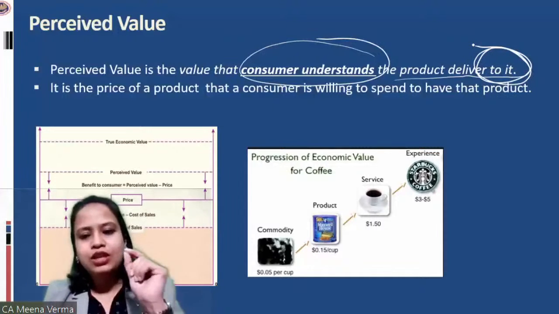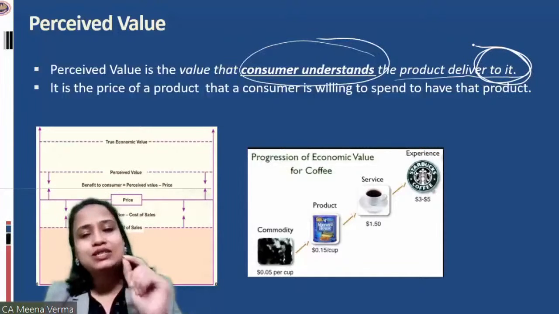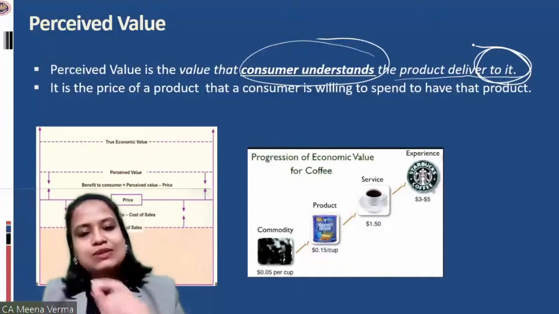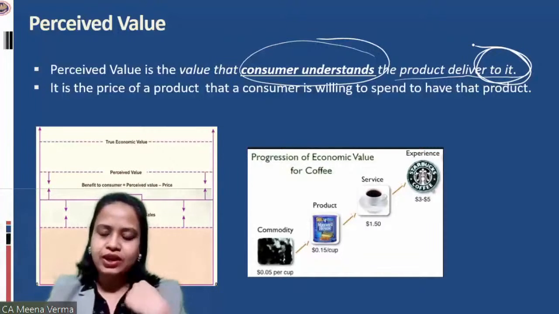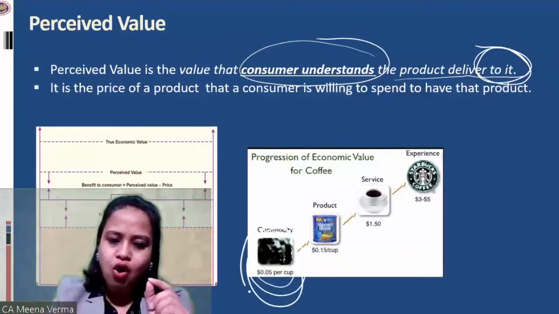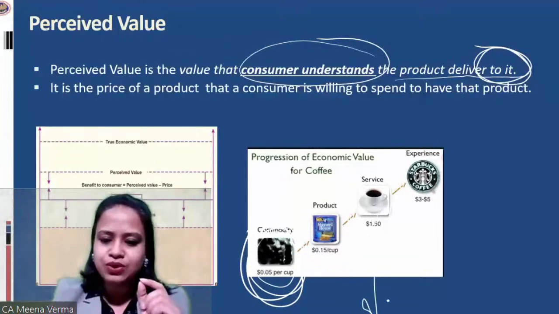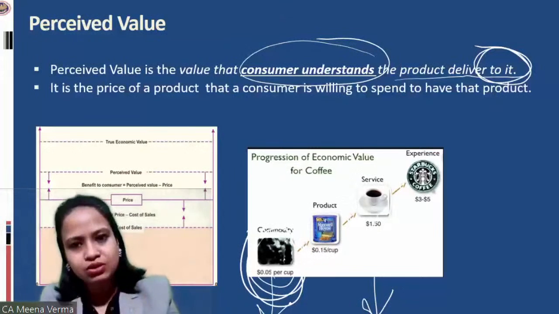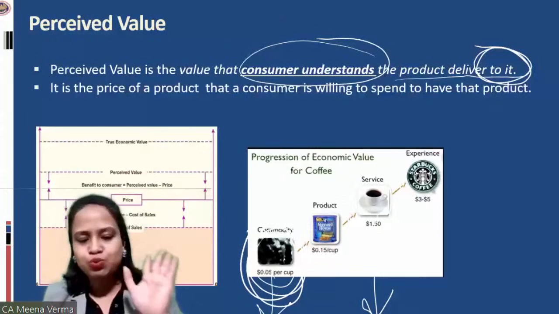Perceived value means that the customer knows that he is getting this benefit, and that is why the customer is willing to pay you. The customer knows the difference between this raw coffee and this coffee, and therefore he knows the benefit he is getting from here, and that is why he is willing to pay.